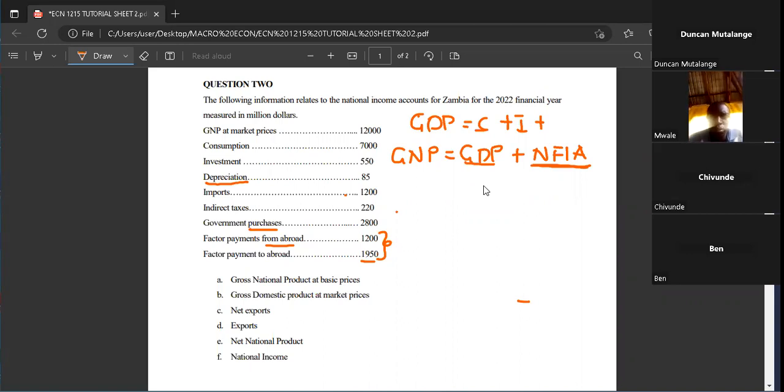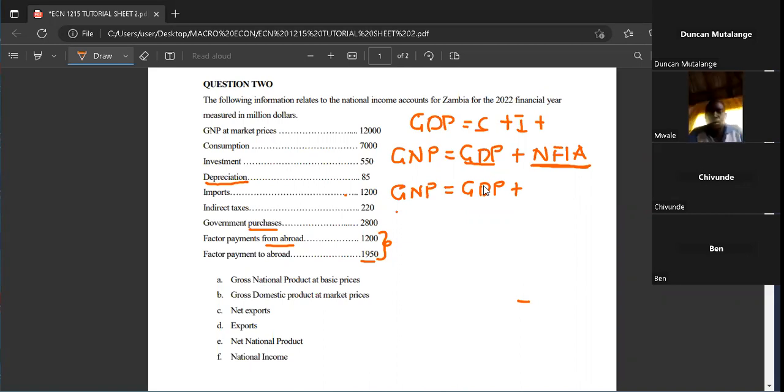I want us to get the net factor income from abroad, which you do as the factor income from abroad minus the factor income to abroad. So get this difference. What is the answer here? So we're going to say GNP is equal to our GDP plus the from minus the to abroad.